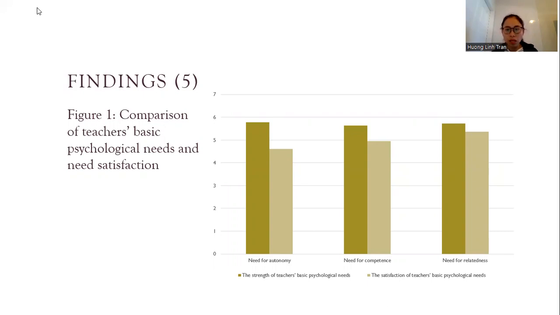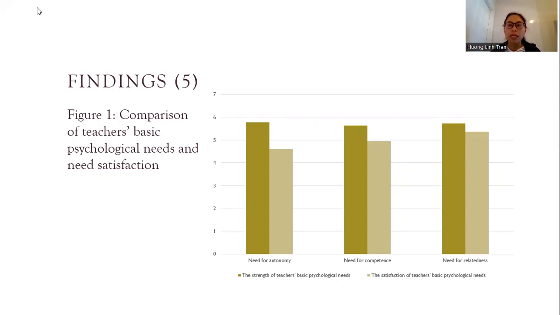However, the column on the left-hand side is the strength of teachers' basic psychological needs, and the column with the lighter colors is the reported satisfaction of teachers' basic psychological needs at work. It can be seen from the figure that there exists a big gap between teacher needs for autonomy and the extent they feel that their autonomy is satisfied.